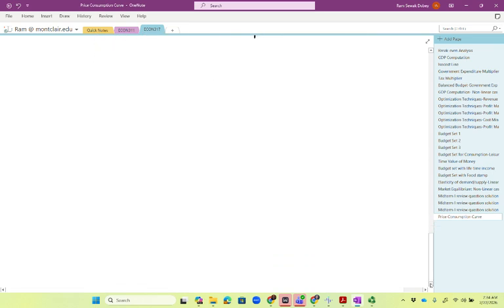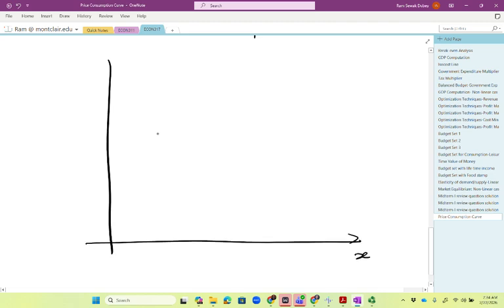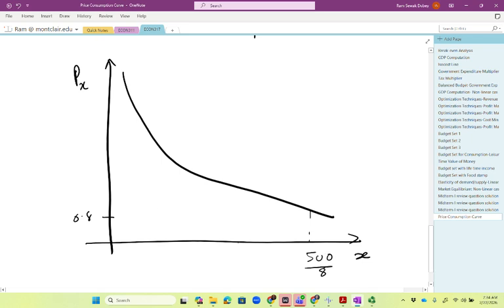So what I am going to do now is put the price of good X on the vertical axis and the quantity of good X on the horizontal axis, and we now have a graph which should look non-linear. When the price is 0.8, the quantity I find is 500 over 8.